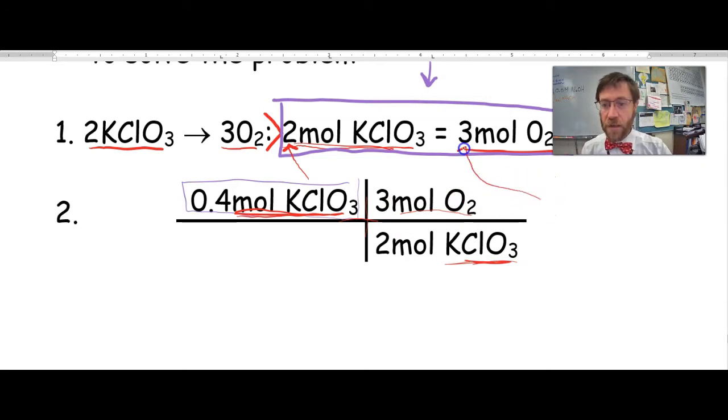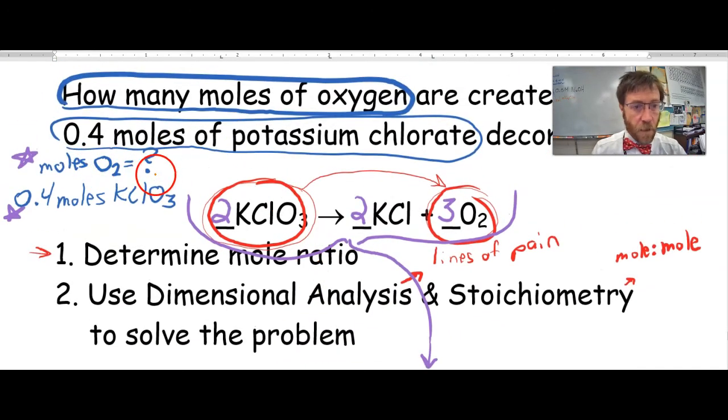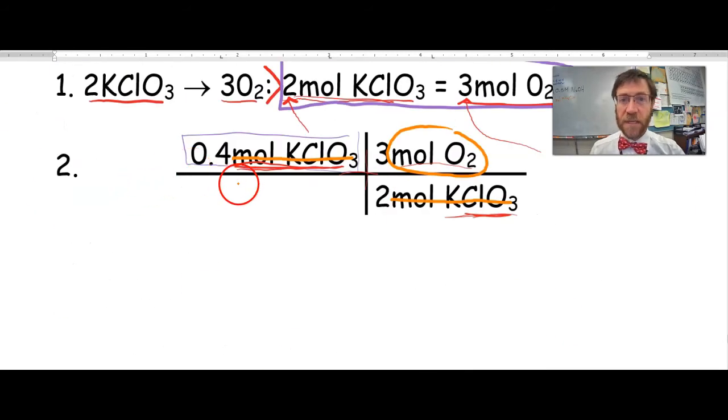Well, according to my ratio that I got from the chemical equation, I'll need 3 moles of O2. Got it? So before I start mathing, I need to make sure that my moles of KClO3 cancel my moles of potassium chlorate, and I need to make sure that I'm getting the units that I need to get. So let me go back to my question and double check that. Yes, right here. Moles of O2, that's the question. That's what I'm going to get.